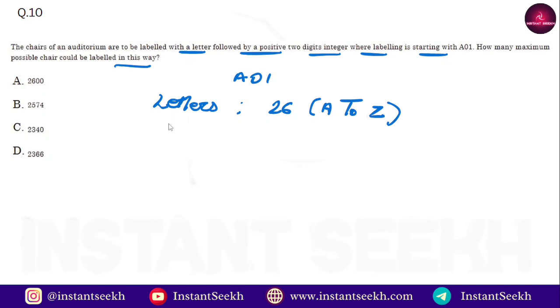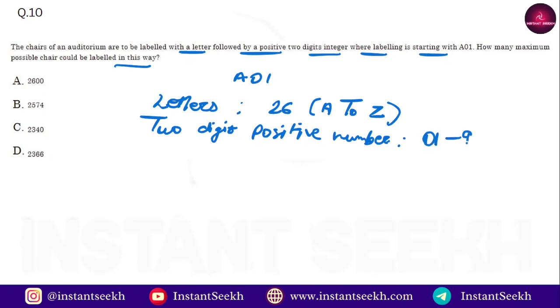Then we have a two-digit positive number. So the range will be what? It will be the range 01 to 99, right? This is the possible range it can be.